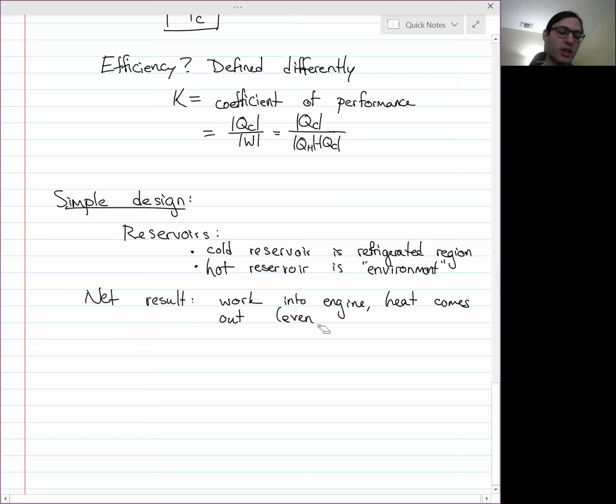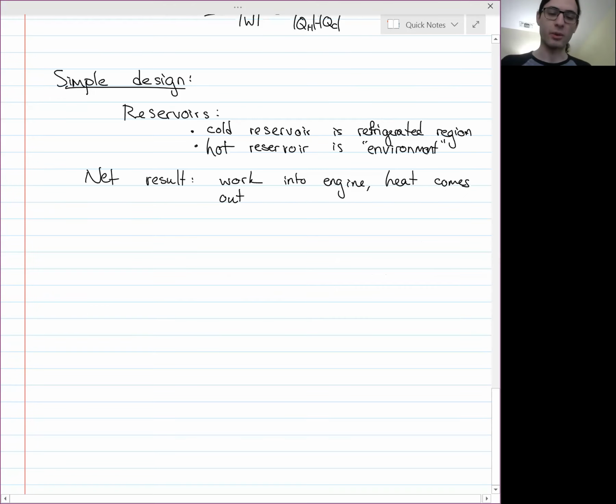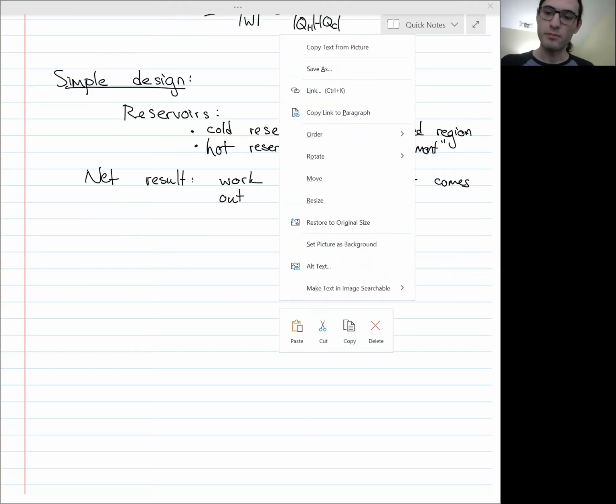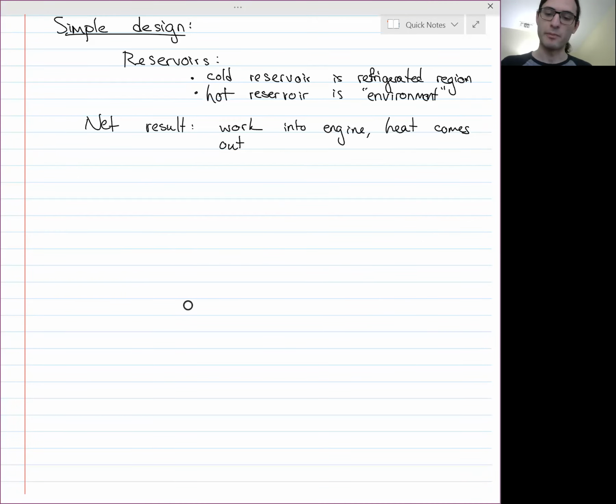And so even though there may be some heat that actually enters the engine, overall heat leaves the engine, again, because this is the net effect that we're talking about. So let me go grab the diagram that I wanted to show you. I'm not going to draw it because it's kind of involved, and if I already have it, why waste your time?